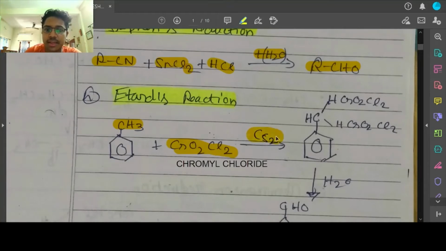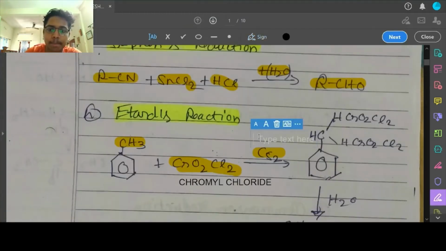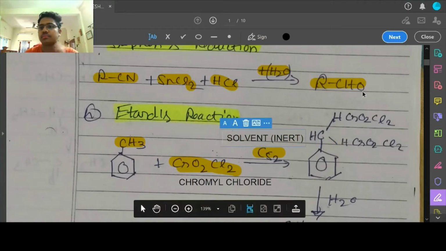This is carbon disulfide. It acts as a solvent, an inert solvent.